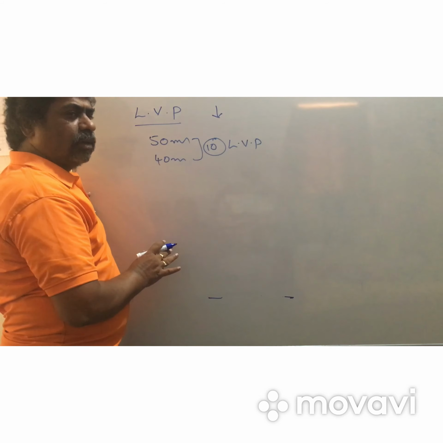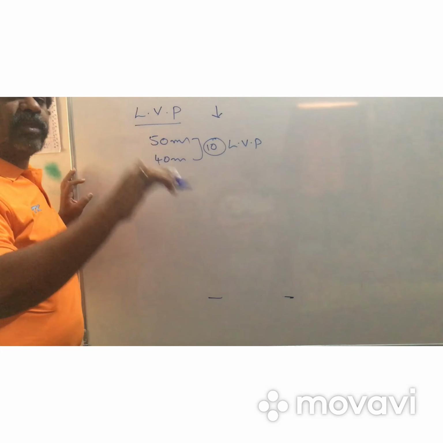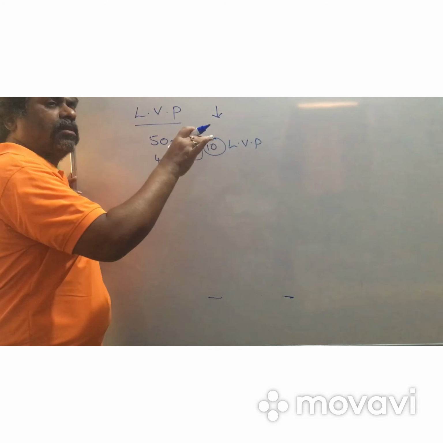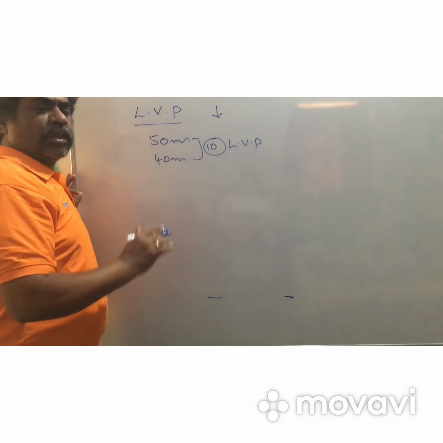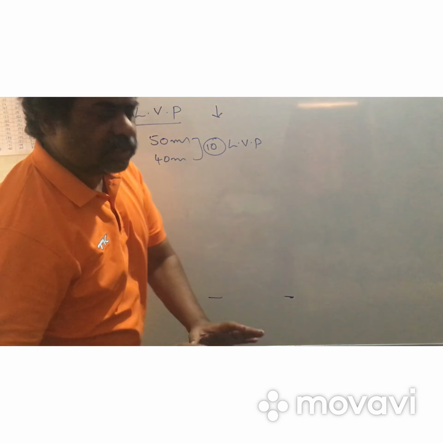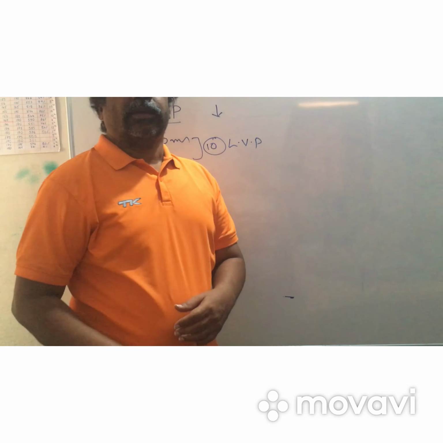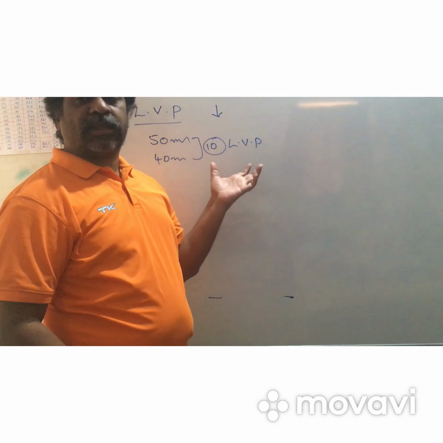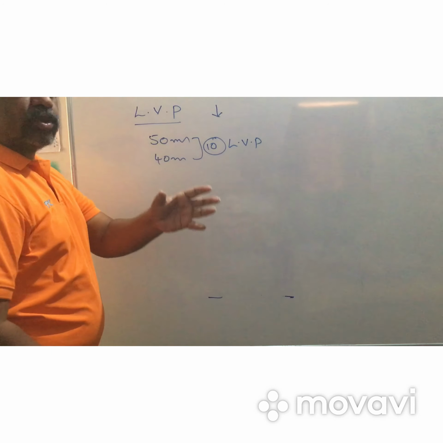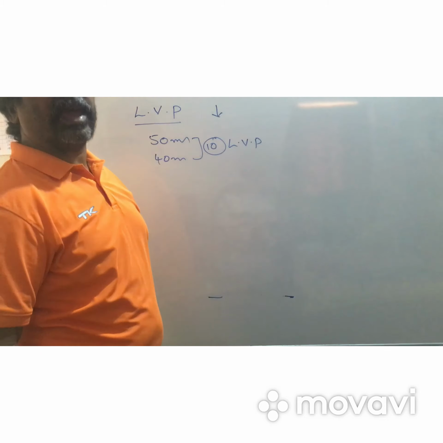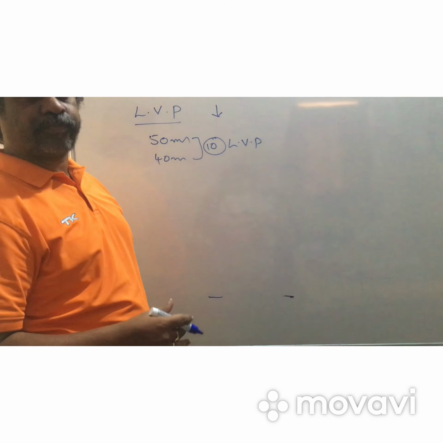Okay, it's clear. But why does vapor pressure decrease? If any one of the factors which influence vapor pressure is changed, then vapor pressure may decrease or increase. But without changing the factors affecting vapor pressure, how does the vapor pressure decrease naturally? Meaning, when a pure solvent is converted into a solution by adding a non-volatile solute, this is solution preparation.